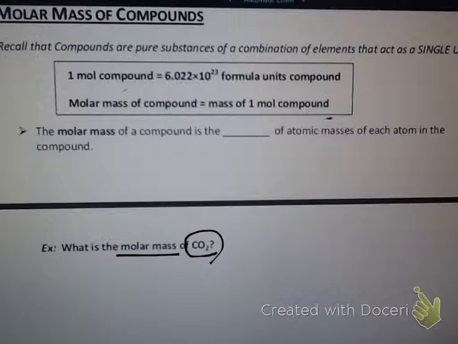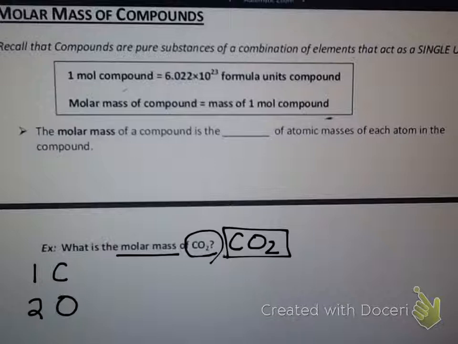We know carbon dioxide consists of 1 mole of carbon atoms and 2 moles of oxygen atoms because it's CO2. If we have 1 molecule of carbon dioxide, it contains 1 atom of carbon and 2 atoms of oxygen. If we have a mole of carbon dioxide molecules, it contains a mole of carbon atoms and 2 moles of oxygen atoms.